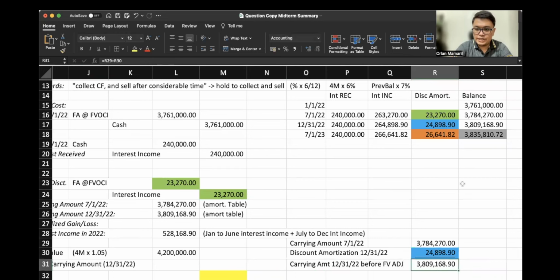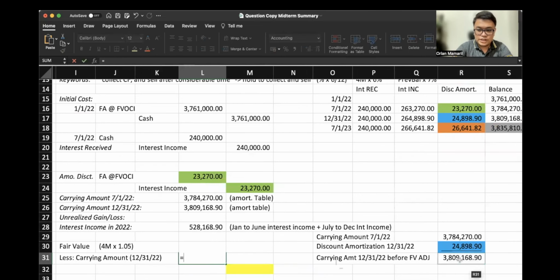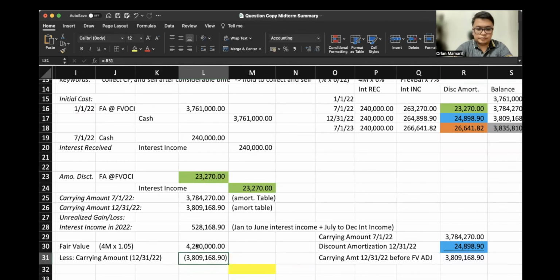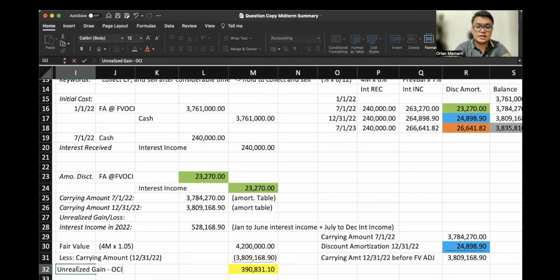It's basically the number from the table there, 3,809,168.9. So that's our carrying amount before the adjustment. Our fair value is 4.2 million. So we have a gain of 390,831.1. And since this is FVOCI, this unrealized gain will be classified as OCI.